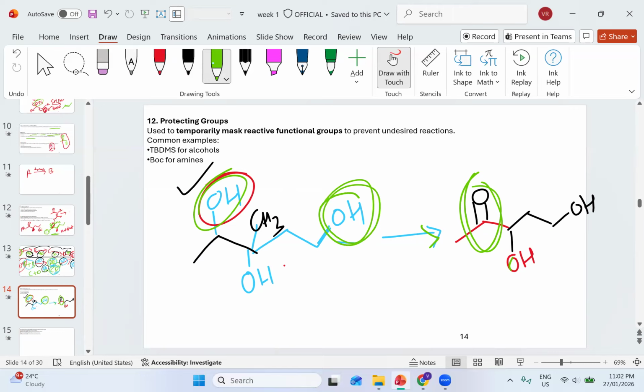This hydroxy group can also get oxidized, and obviously, if you try to do the reaction directly, what will we get? We can get this aldehyde, or at some point, if we use a strong oxidizing agent, then it can be the acid as well. I just missed one carbon.